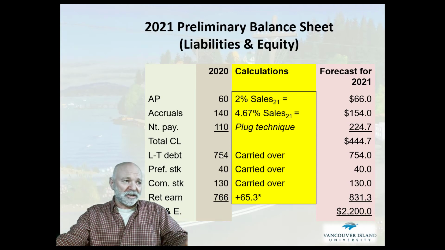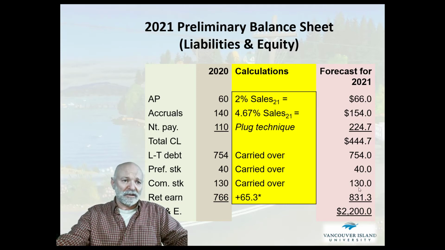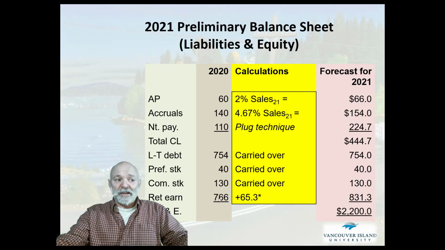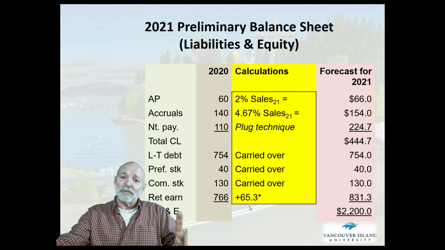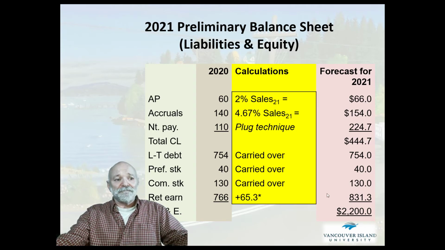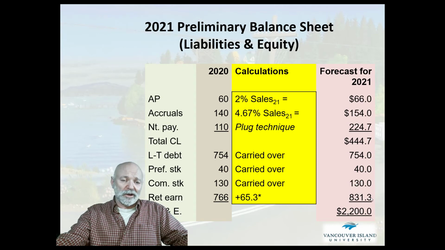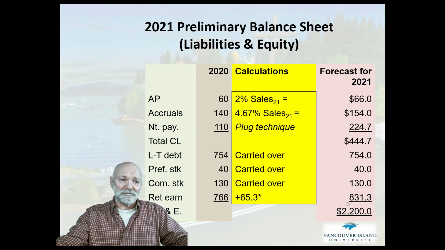And for now, we decide to leave the long-term debt, preferred stock, and our common stock as they were in the previous year. So we just carry that information over. Retained earnings last year were $766 million, and from the income statement we add $65.3 million. That gives us 831.3, our retained earnings at the end of our forecast year.